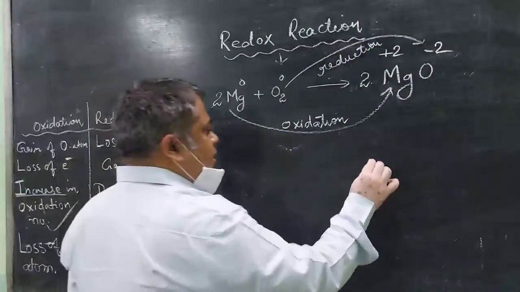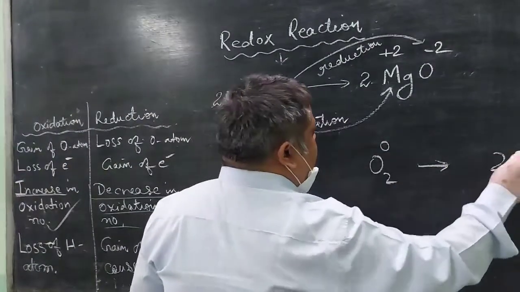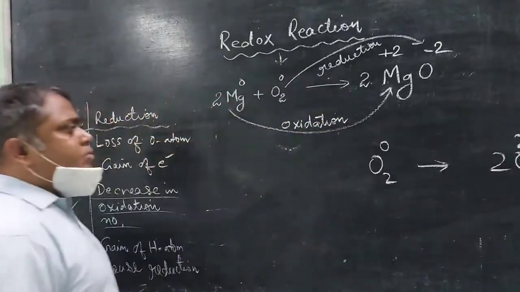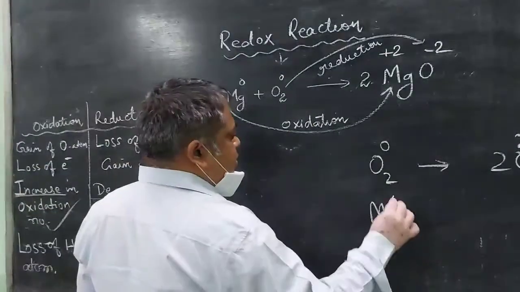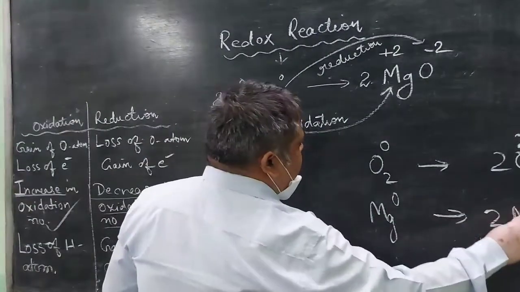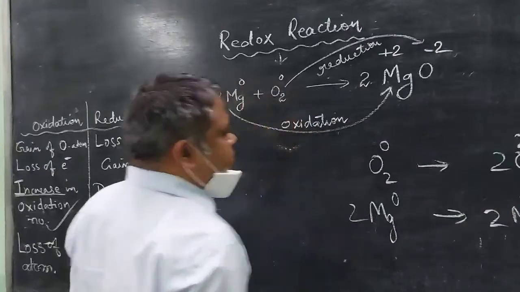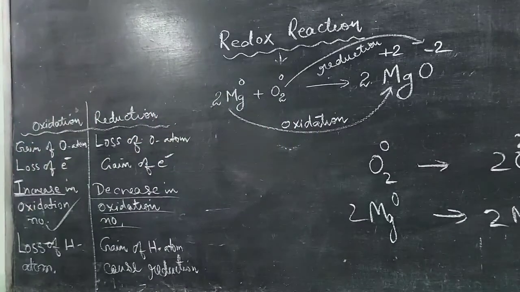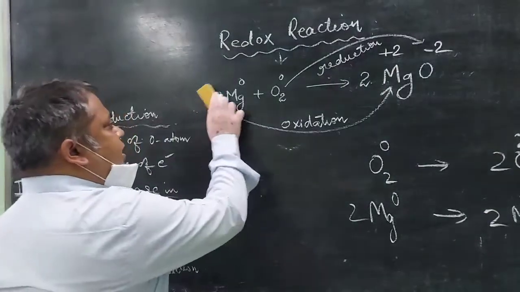Oxygen is becoming from 0 to -2 and magnesium is becoming from 0 to +2 ion. So this is one way of looking at oxidation and reduction reaction.